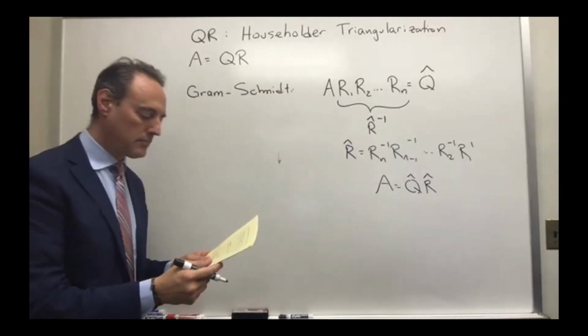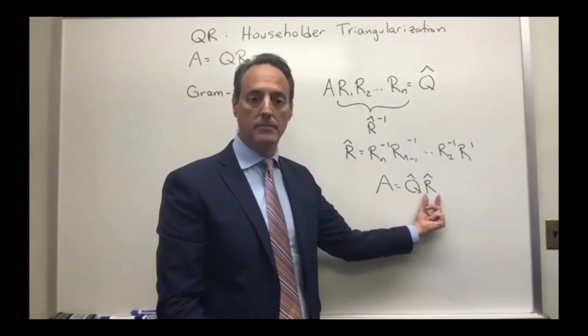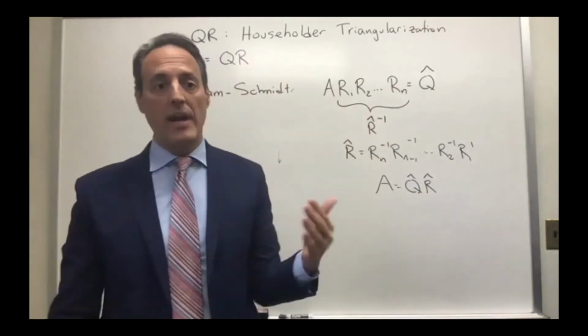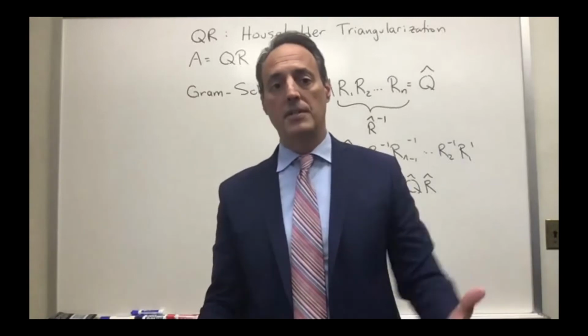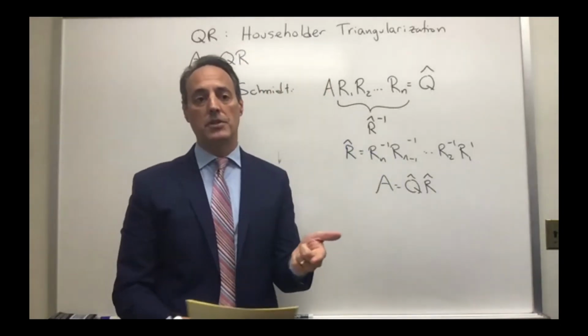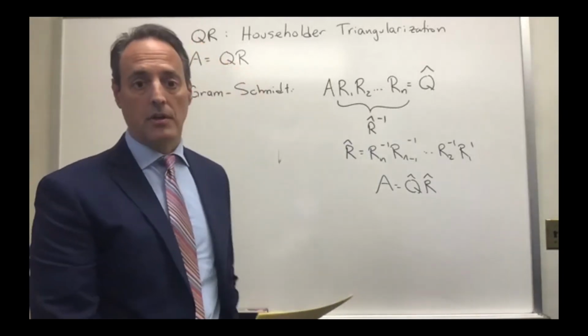Okay? And remember, this is the reduced QR. That's what I mean by Q hat, R hat. So this recursive formulation was just what Gram-Schmidt is going to do for us in its process of finding the Q and the R matrices that would produce this overall decomposition.